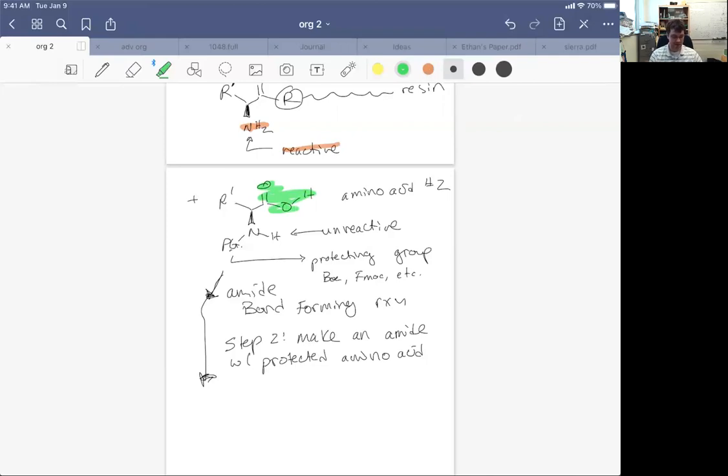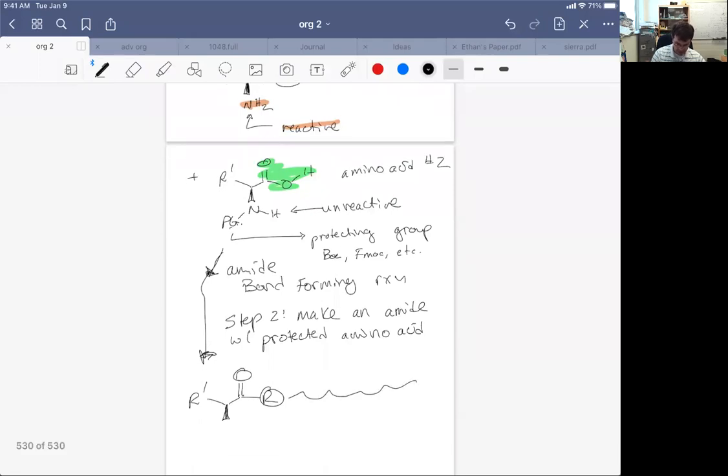So the second amino acid gets connected because the carboxylic acid is present, but the amine is protected. By having the amine protected, we avoid some unwanted side reactions where we scramble which nitrogen adds to the carboxylic acid. So we're going to do like a carbodiimide type of reaction that we talked about with amide chemistry. And we're going to get an amide bond here.